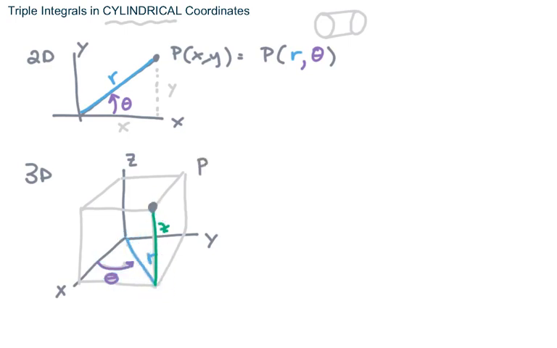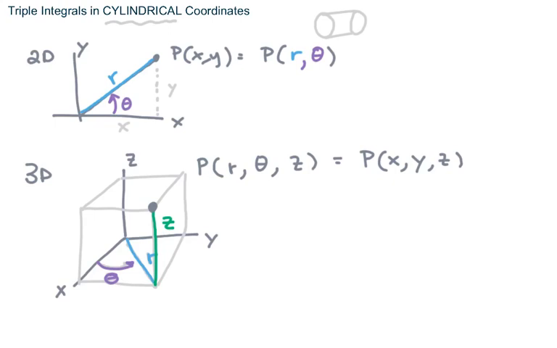So that gives me a polar point, (r, theta, z), which is the same as some rectangular point, (x, y, z). So we rotate theta, we extend out r, and then we move up z. I feel like that looks like an x. It is a z.